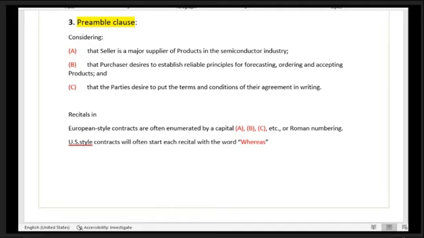Contract recitals precede the main text of a contract and are referred to as the whereas clause. A recital provides the reader with a general idea about the purpose of the contract, the parties involved, and why they are signing it. Recitals can be considered as the preamble to the contract. The preamble of a contract normally consists of between 1 and 5 paragraphs that outline the entire transaction.